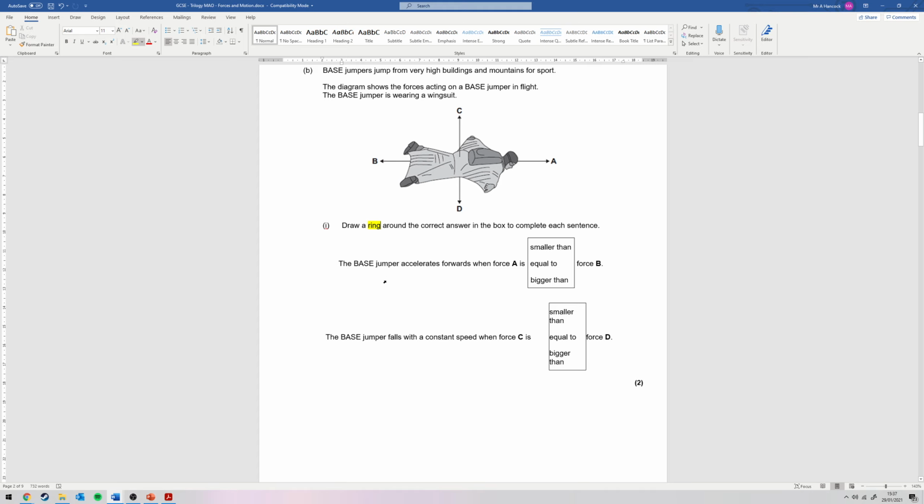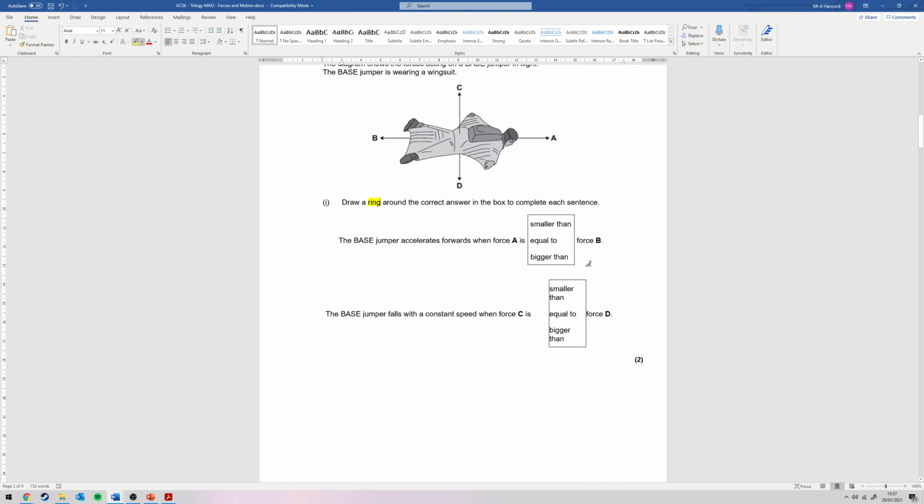The base jumper accelerates forwards when force A is blank force B. So is force A smaller than, equal to, or bigger than force B? The base jumper falls with a constant speed when force C is blank force D. So is that smaller than, equal to, or bigger than force D?